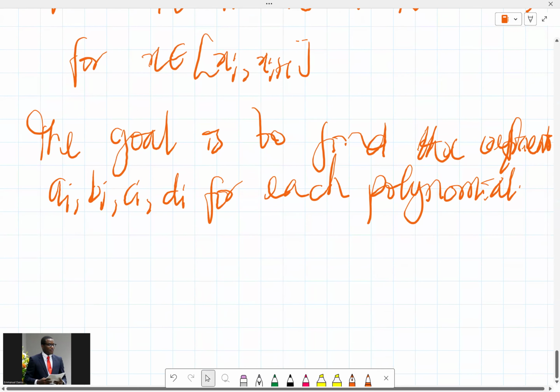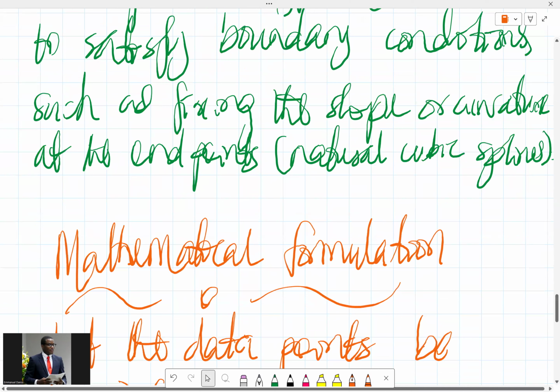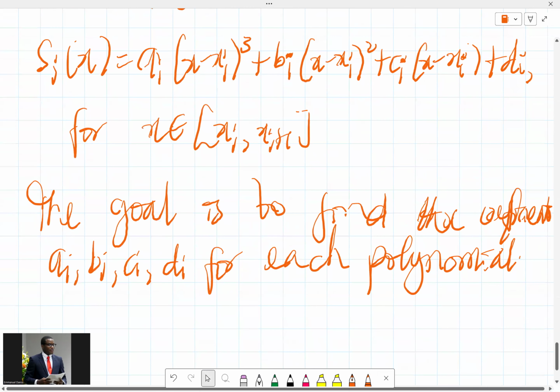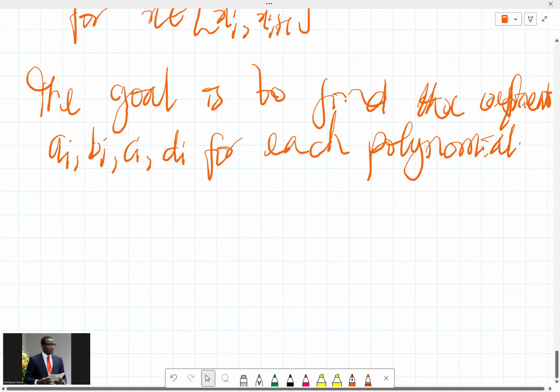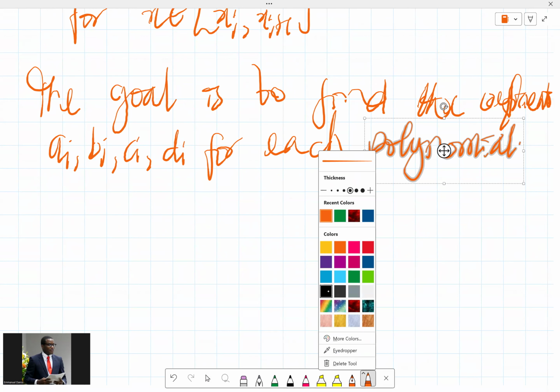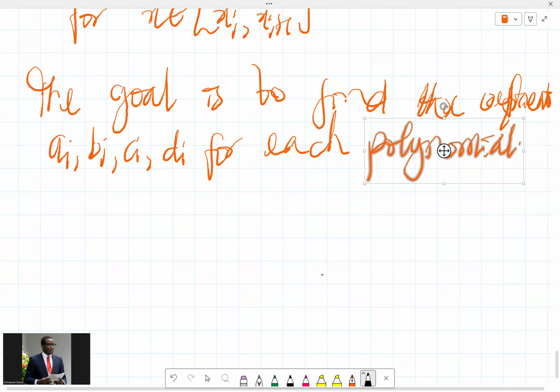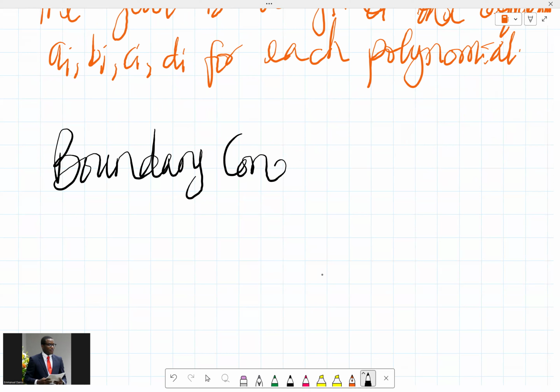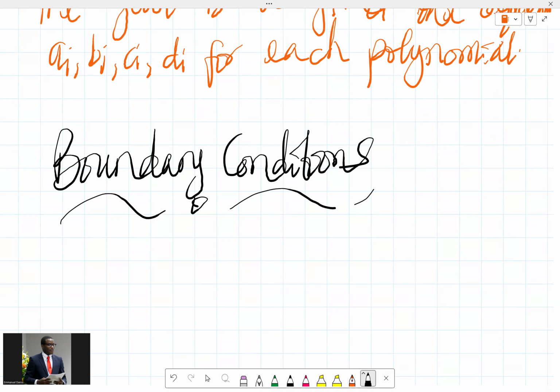Okay. So if we move on from here, then we'll be talking about some boundary conditions because, since we are talking about piecewise jumps between one point and the other, we need to also pay attention to boundary conditions because we want to maintain overall smoothness, though the cubic splines are between one knot and the other.